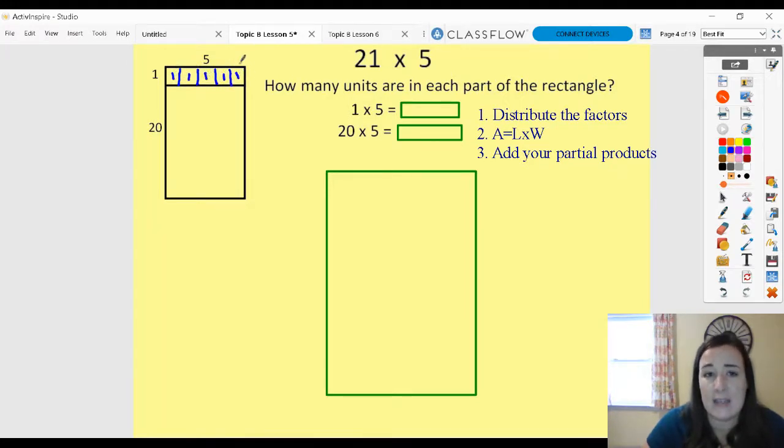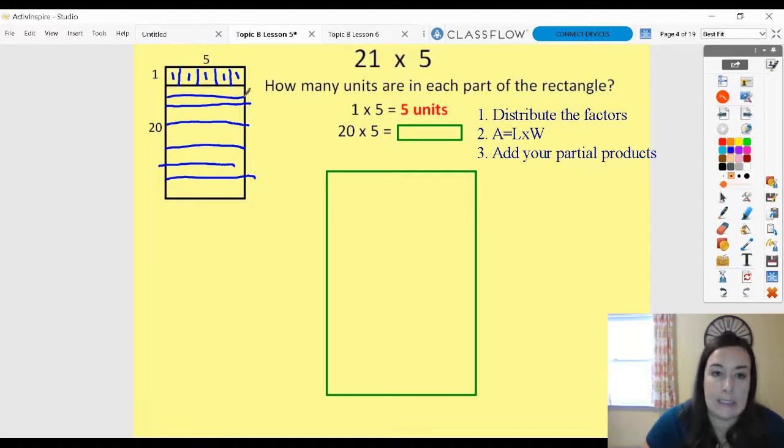So let's draw this like a tape diagram and make 5 copies of 1. So in this, there are 5, which is what we would get with 1 times 5. We would get 5 units. But also, we would have 20 copies of 5. So I have 20 there, and each one of those would have 5.